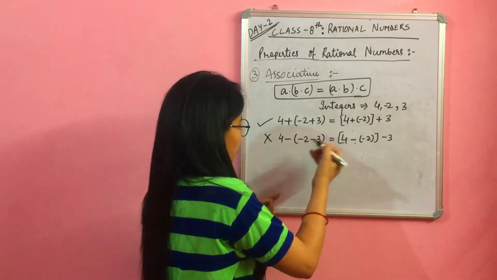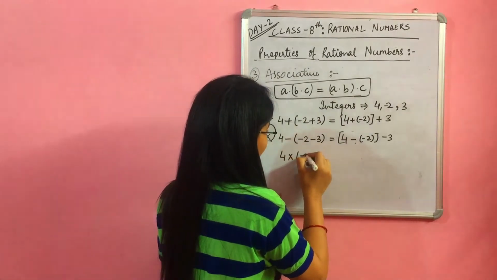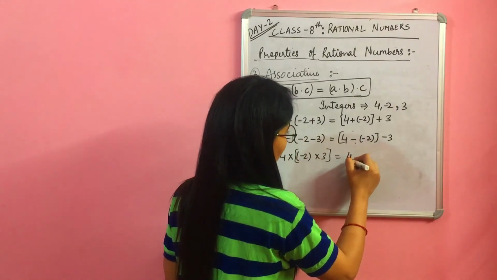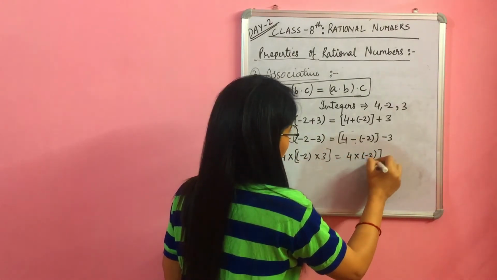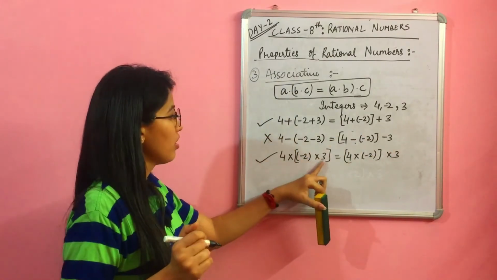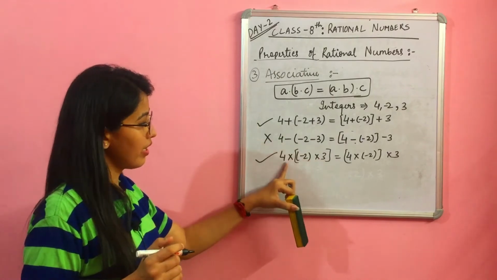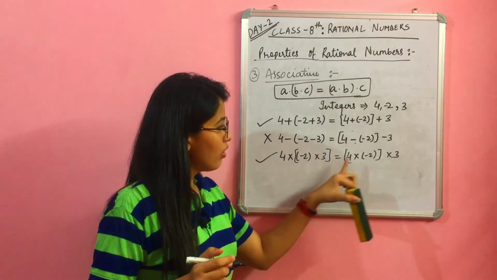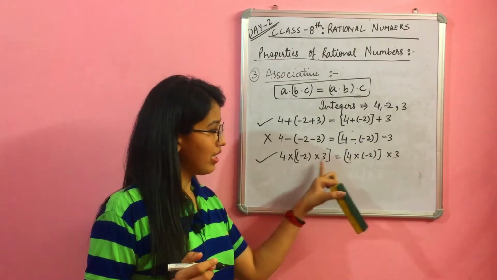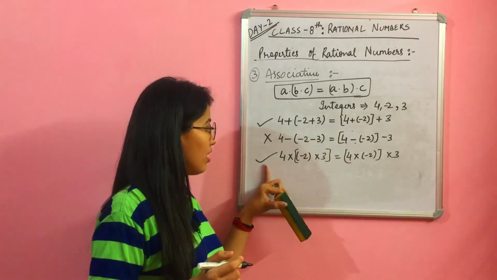Okay, let us check for multiplication. 4 into -2 into -3, okay, is equal to 4 into -2 into -3. When you check this, this is 6, 6 into 4 is 24, and the other is also 24, which means both quantities are the same. Okay, LHS is equal to RHS. This is satisfying.